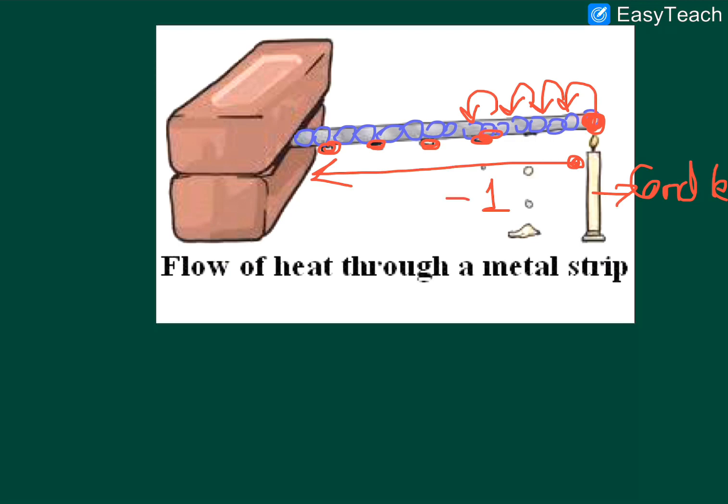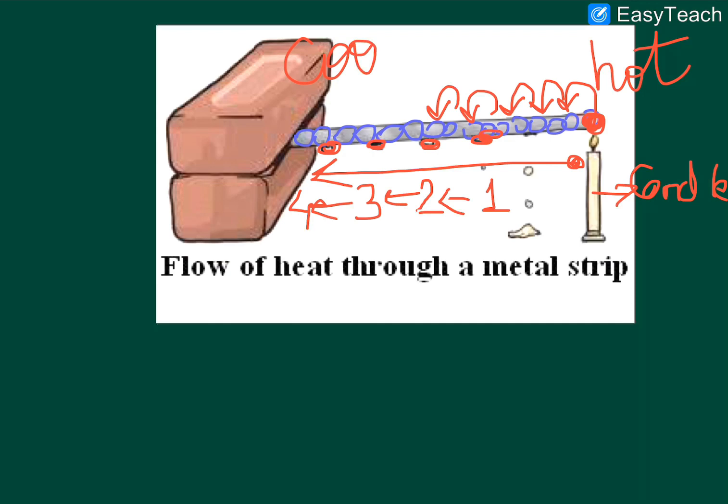Then the heat will be passed and the second one will melt, then the third and then the fourth. This is only possible because the molecules are in direct contact. So this type of transfer of heat from the hot end to the cool end when the molecules are in direct contact is called conduction.